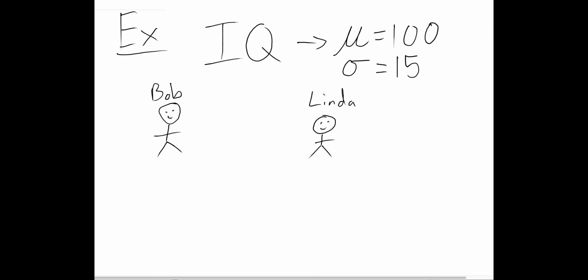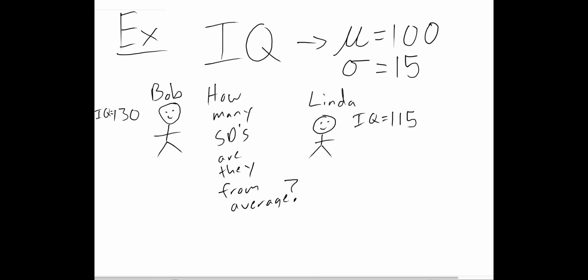And Bob's IQ is 130 and Linda's IQ is 115. We want to know how many standard deviations they are from average. This is a question that is actually a little more useful than it might sound to begin with. So what is that? That's just a z-score.